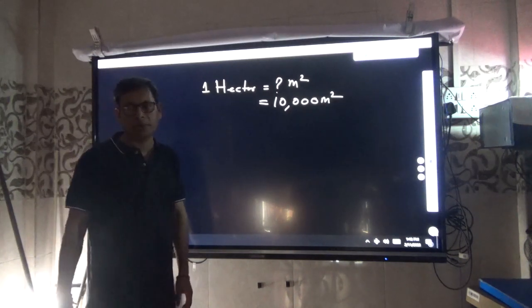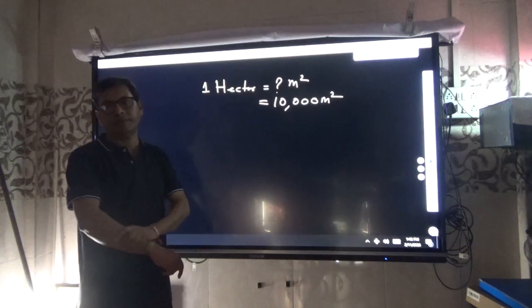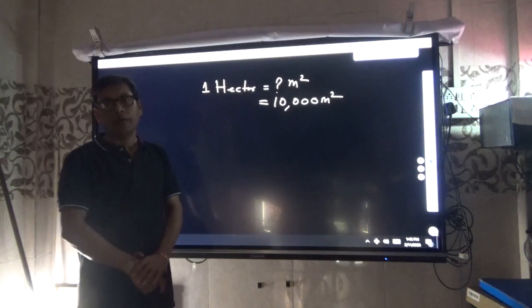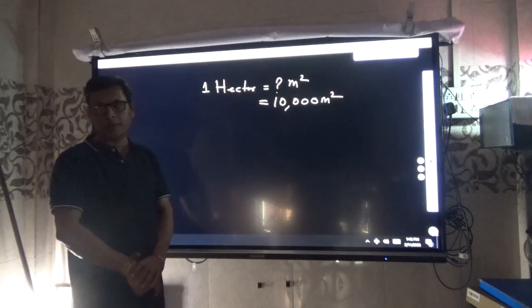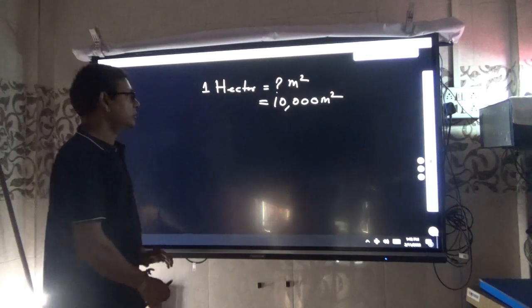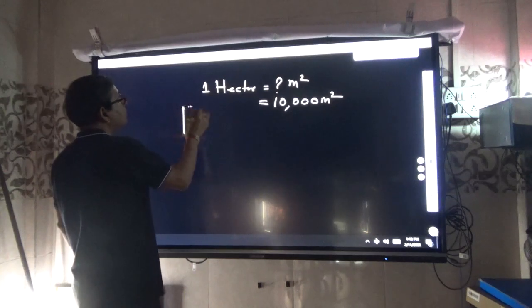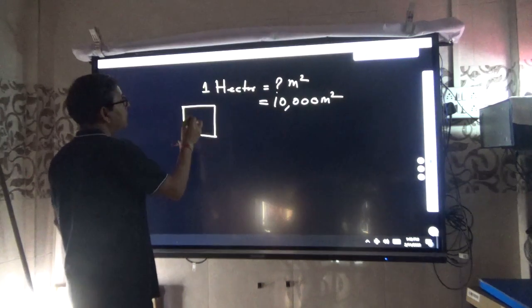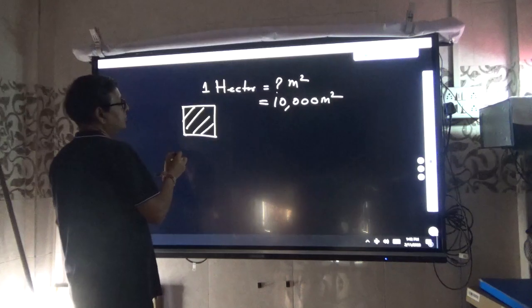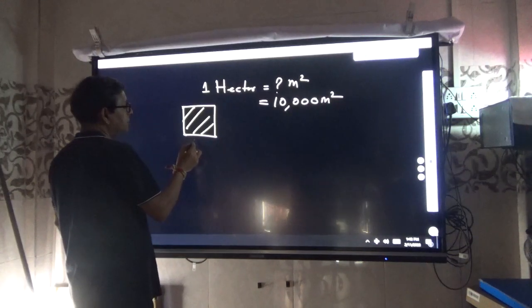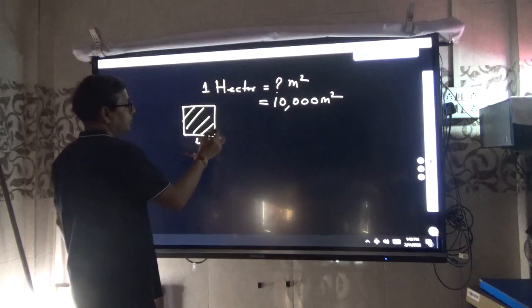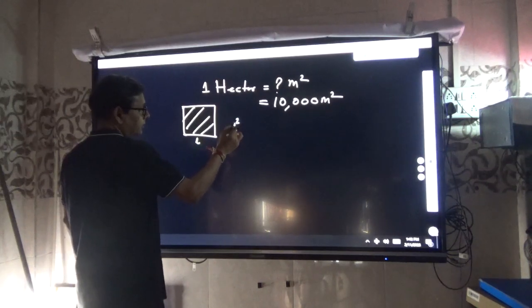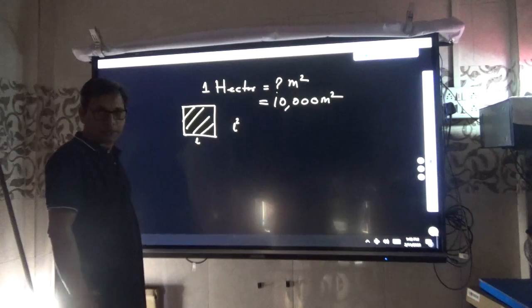Now you speak. What is its perimeter? Area is given as 10,000 meters square. Is it a square? Yes, it's a square. So now in a square field, the total area is given. If the length of each side is L, then what is the area? L square is the area.